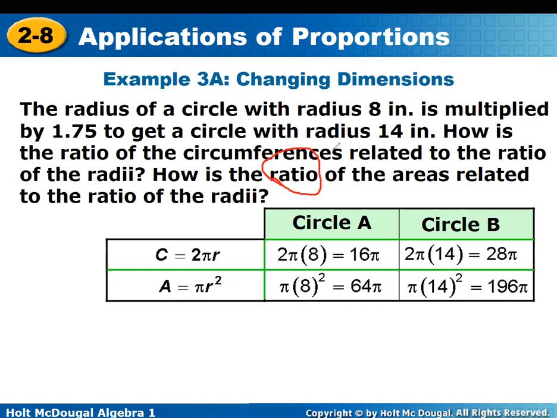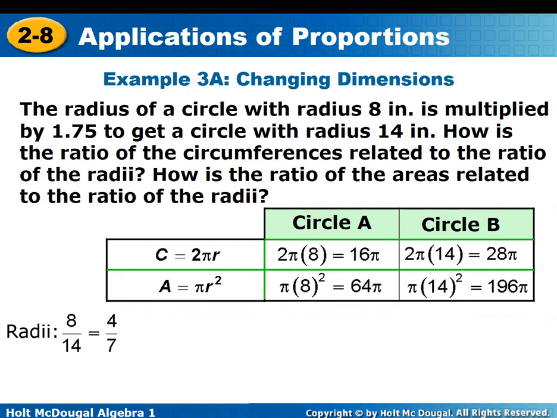For the first one, how is the ratio of the circumferences related? Oh my God. So he wants to find or to compare the ratio between the circumferences and the ratio between the two areas. Let's compare first the ratio between the two radii.